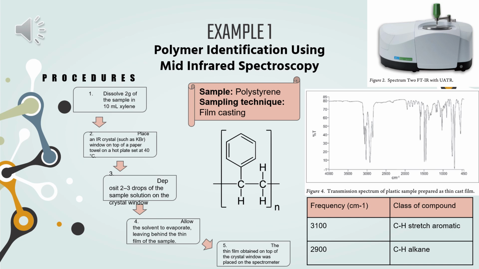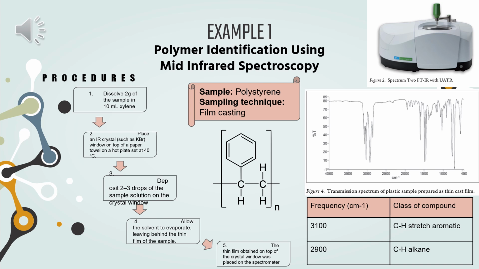About 2 to 3 drops of the sample solution prepared earlier were placed on top of the crystal window, and then the solvent was allowed to evaporate, which leaves a thin film of the sample. The crystal window with the thin film of sample on top of it was then placed inside the spectrometer in order to generate an IR spectrum.